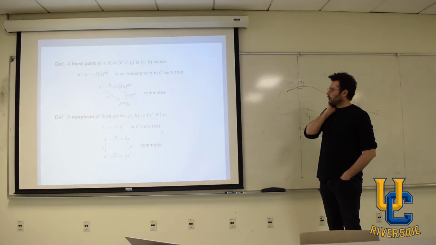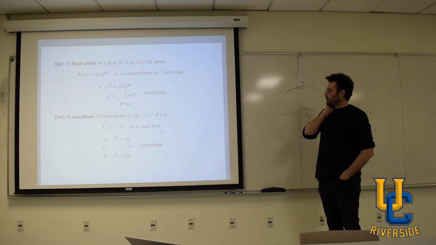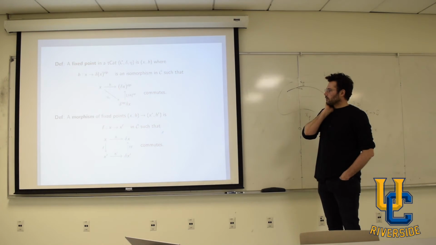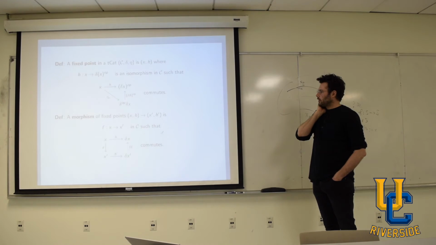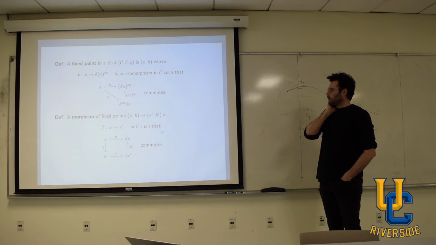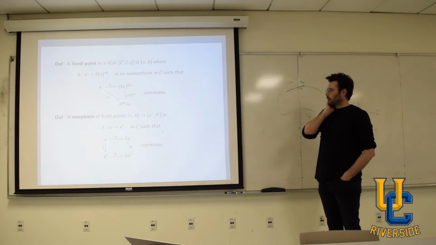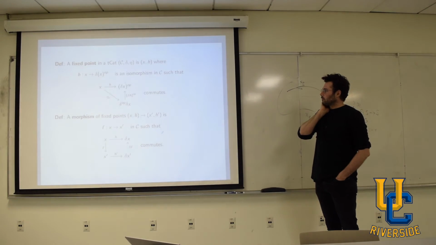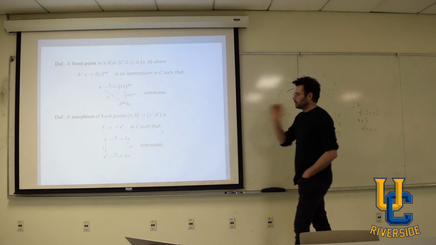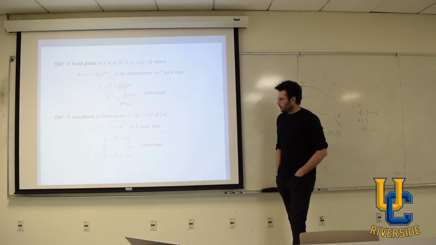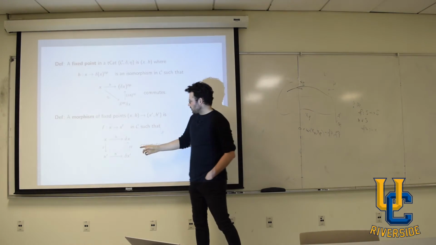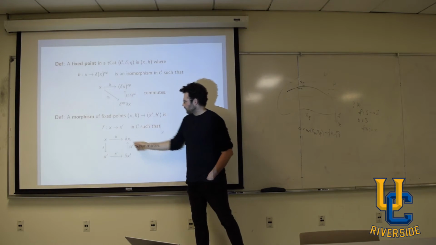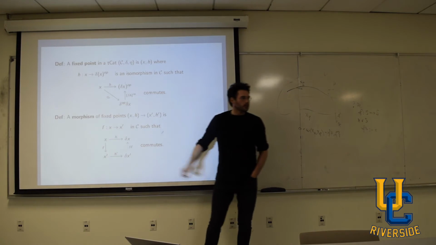We want a morphism in C between the respective objects, so from X to X prime, and then we want this morphism in C to be compatible with H and H prime in the most simple way. So there we don't have a commutative square, we have H is equal to this triple composition.